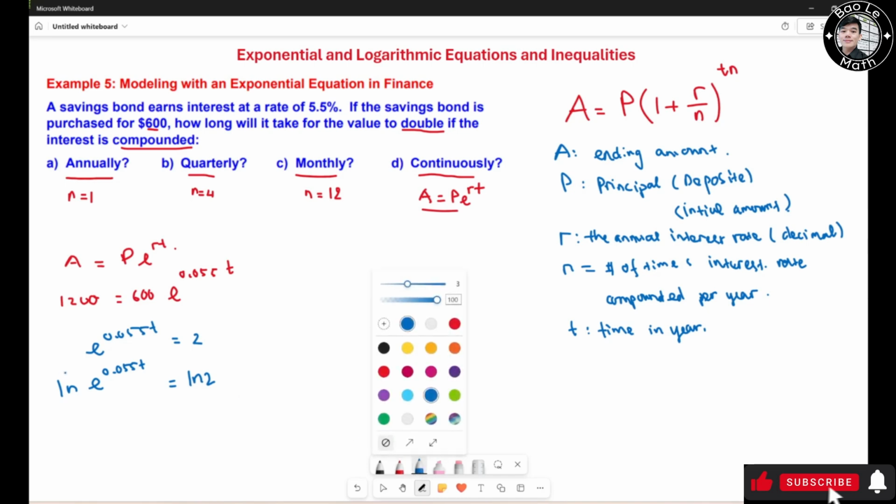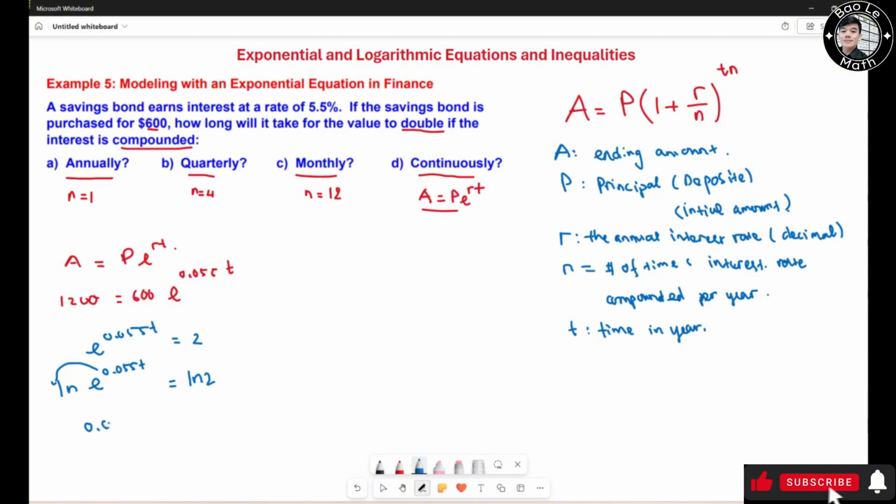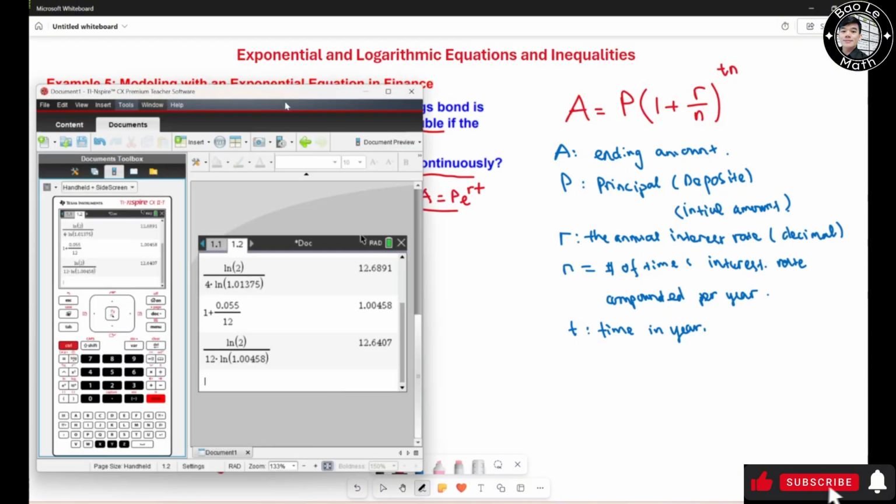Alright, so I can bring this guy to the front, right? So it could be 0.055t natural log of e equals natural log of 2. Now natural log of e equals 1, right? So this one is gone, right? So you have t equals natural log of 2 divided by 0.055, and then you hit the calculator.